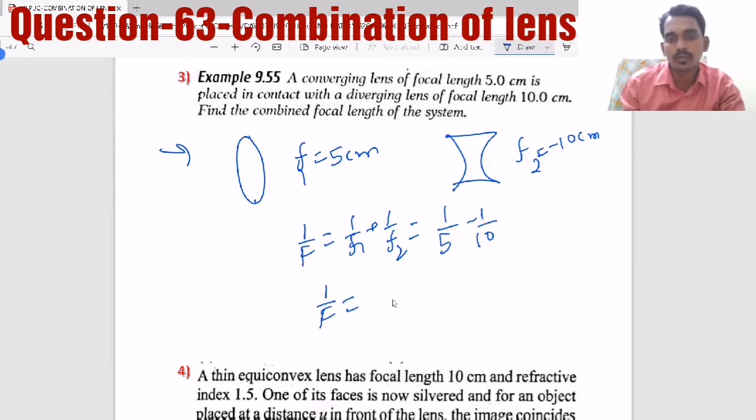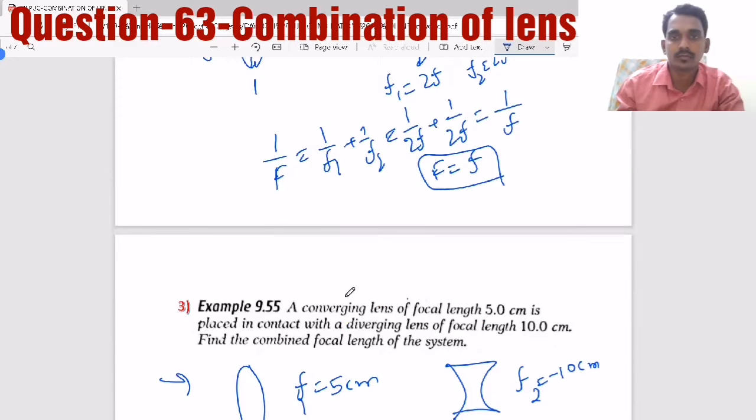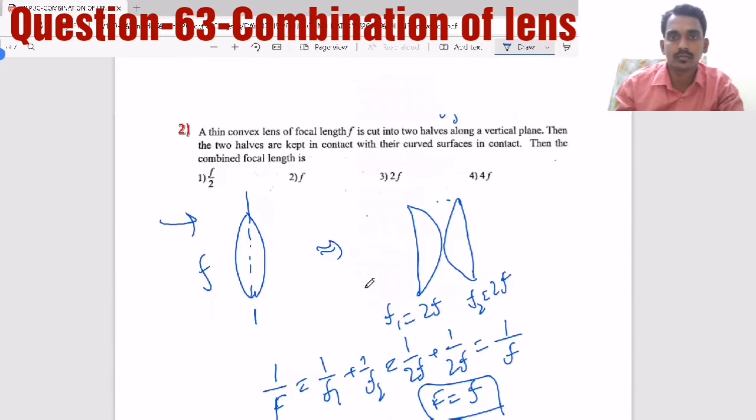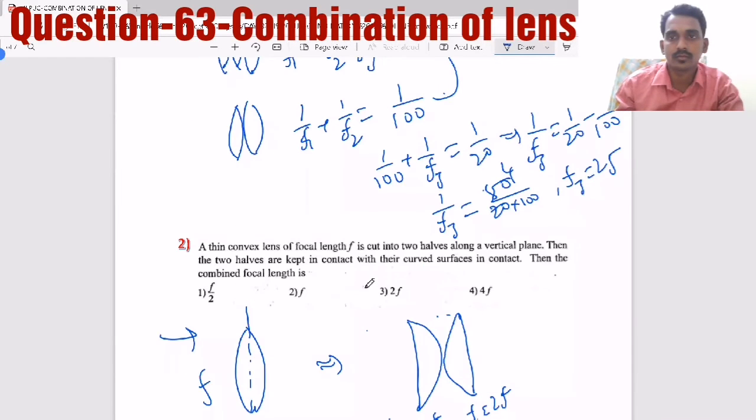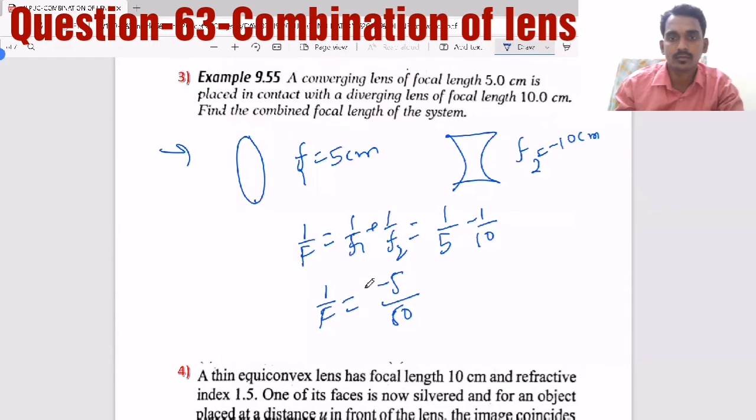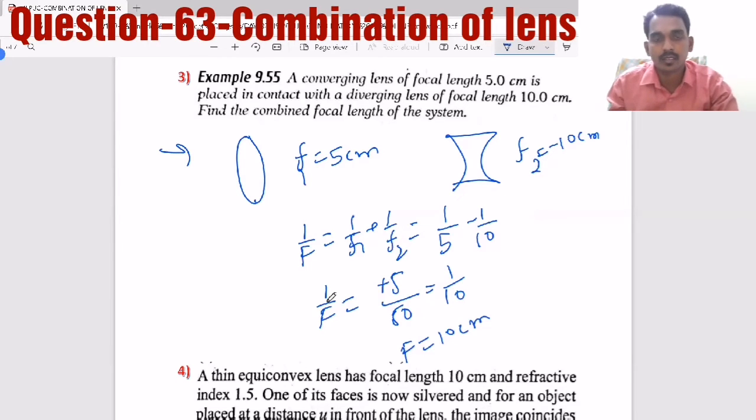So 1 by f equals, no, sorry, plus 5 by 50, so 1 by 10. So the focal length will become 10 centimeter.